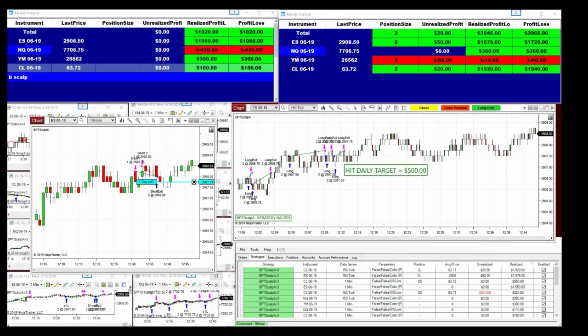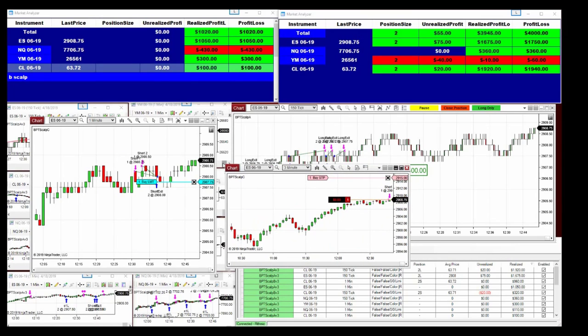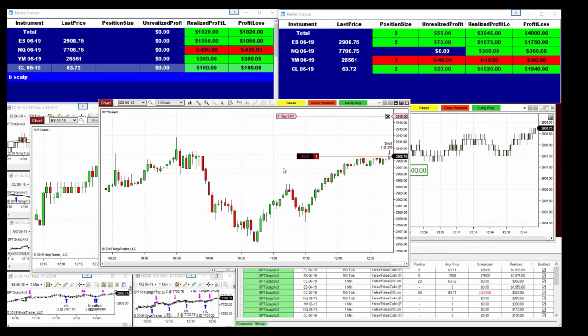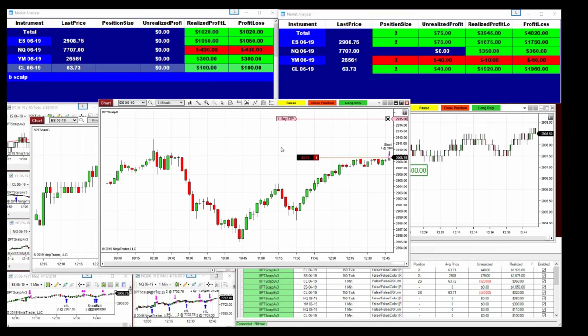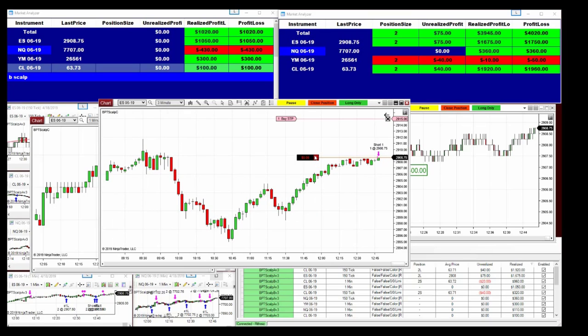I want to show you some different options here. This is the 1 minute, 3 minutes ES on the C scalper. I'm just trying to show it to you. Out of the box, it is 25 ticks stop loss, but you can use 10 ticks or 15 ticks stop loss. But out of the box, it is on a standard 25 ticks. So as you see, on the 3 minutes right now, the ES is scalping.